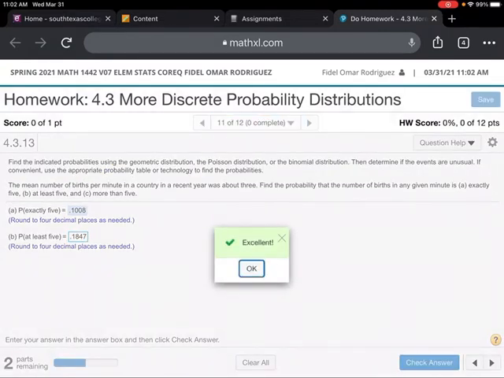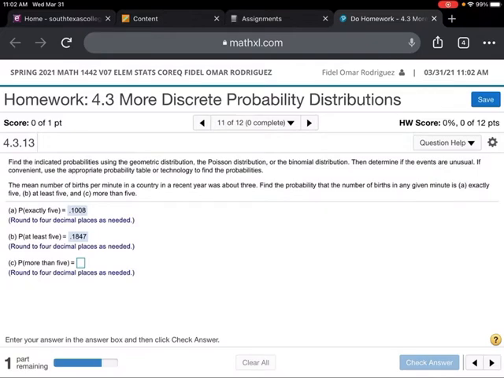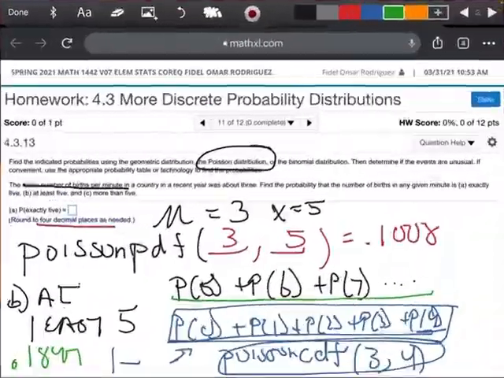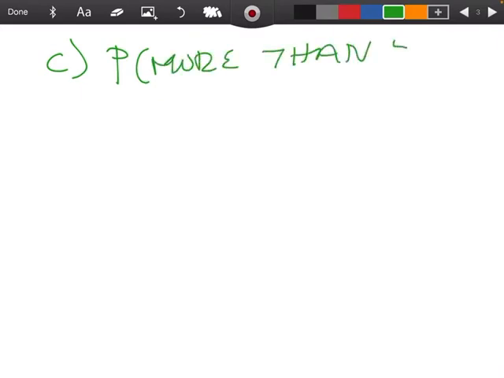And then part C says more than 5. Okay, so let me do this. Part C says more than 5. Okay, so what does more than 5 mean? Well, it means 6 and 7 and 8 and so on and so forth, right?